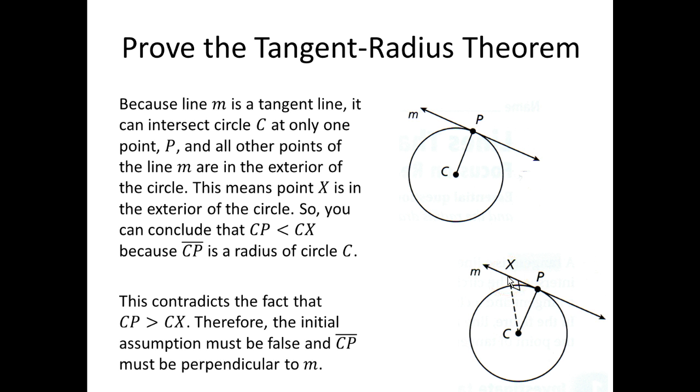But this allows us to conclude that CP is less than CX, since CP is a radius of the circle. This contradicts the fact that CP is actually greater than CX from it being the hypotenuse, the longest side in the right triangle. Therefore, the initial assumption must be false, and CP has to be perpendicular to line M.